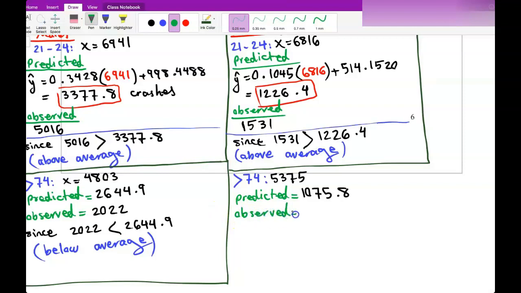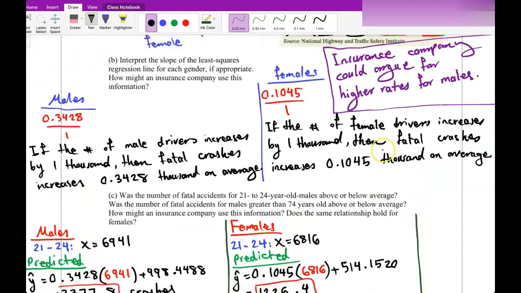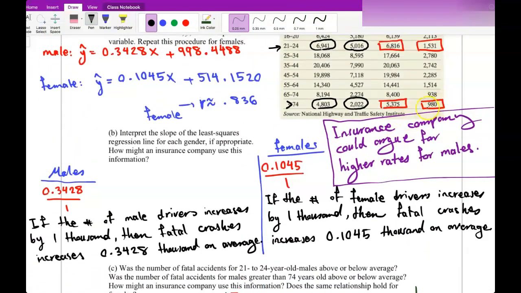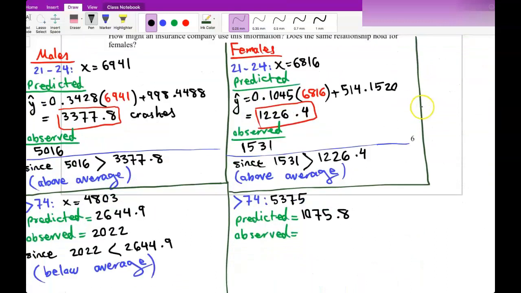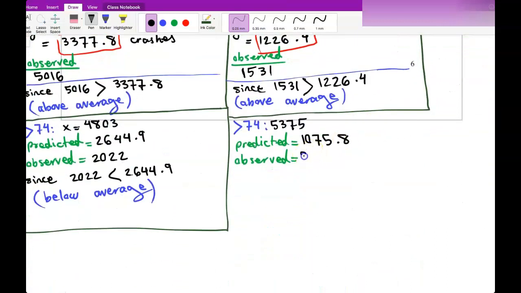And observed from the table is 980. Now compare these two, since observed is less than predicted.